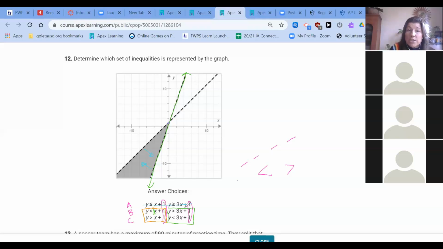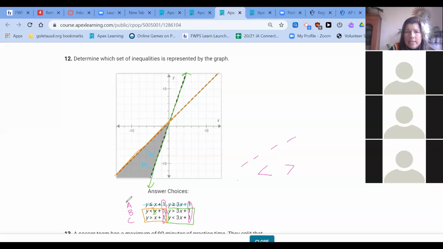All right, so green is our steeper line. And notice our shading is shaded above our green line. And the orange line is our less steep line. So I'm just gonna darken that in, beautiful. And the shading there is below that line.